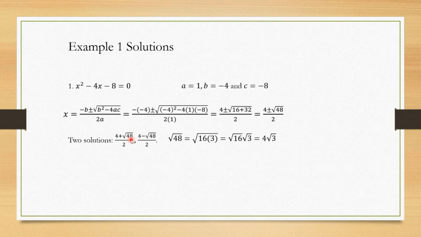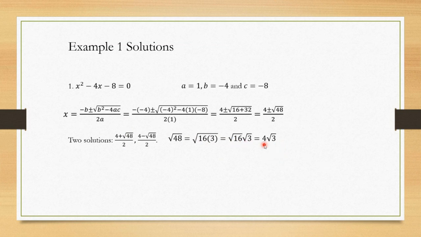Because 16 is a factor of 48, and so it has a factor besides 1 that's a perfect square. And so this is what I'm doing here. We factored out that factor that's a perfect square. The square root of a product is the product of the square roots, and so we get this.